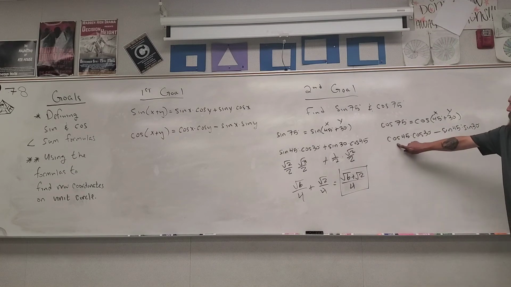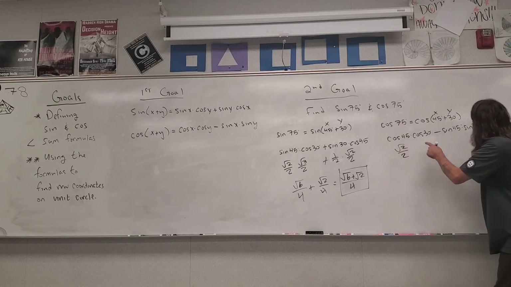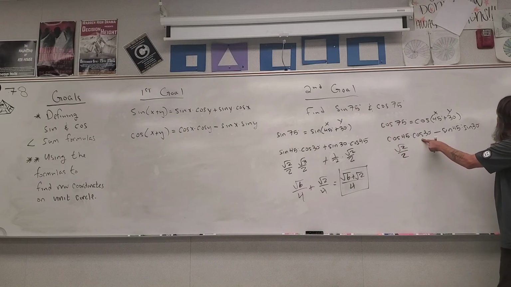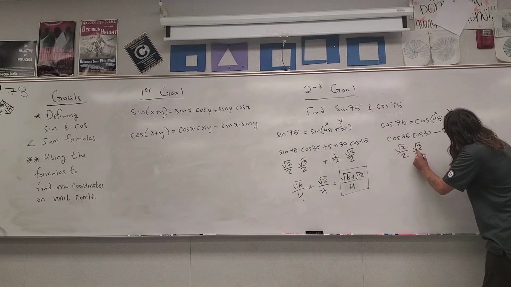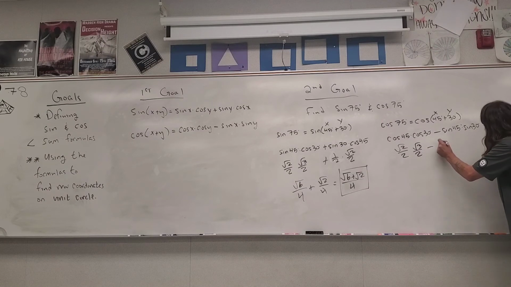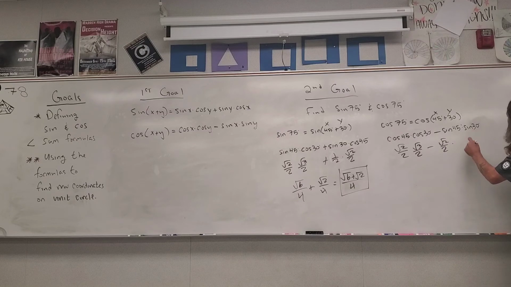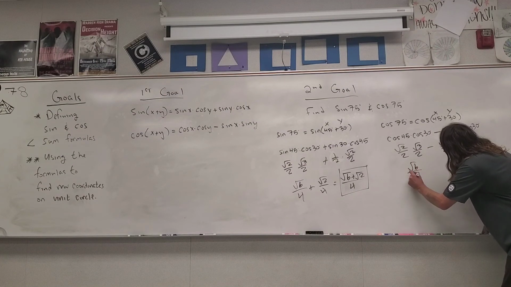Now, the x value at 45 degrees is square root of 2 over 2. The x value at 30 degrees is square root of 3 over 2. I'm going to subtract that from the y value at 45 degrees, which is square root of 2 over 2, times the y value at 30 degrees, which is 1/2. And I get square root of 6 over 4.